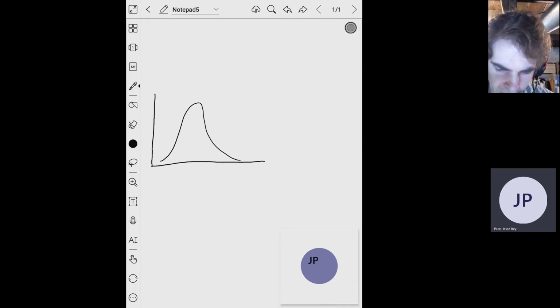Here on the y-axis, I have my number of examinees who take the test. And this test, of course, could be our fidelity assessment. And along the x-axis, I have the total score on the exam.